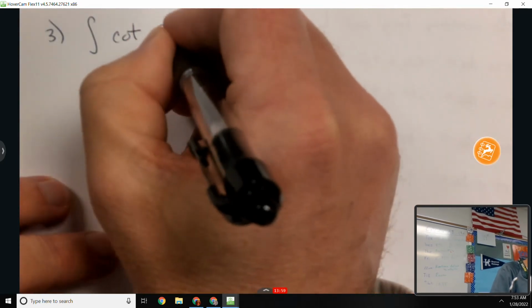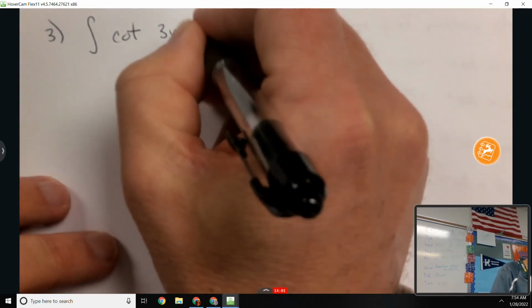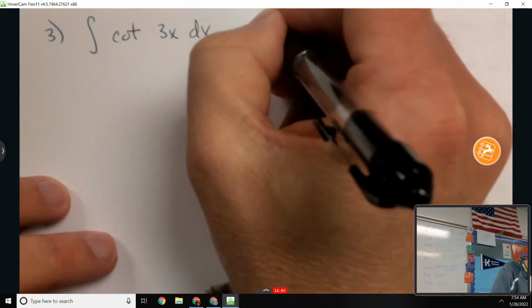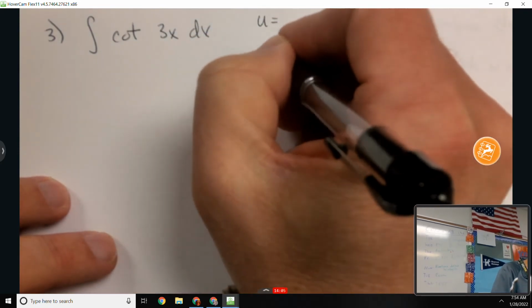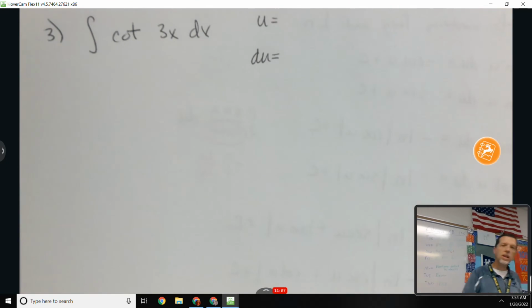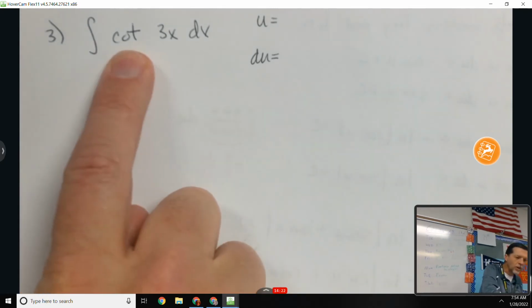Antiderivative of cotangent of 3x dx. Okay, there's a rule for antiderivative of cotangent. It's on the other side of the paper, so I'll look it up in a minute. But I don't really like the 3x. So the antiderivative can handle the cotangent.